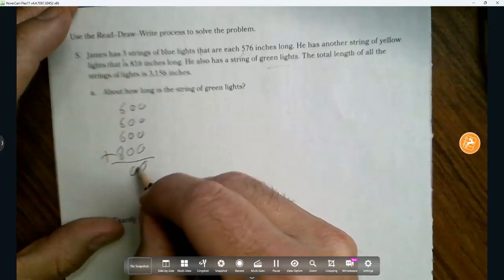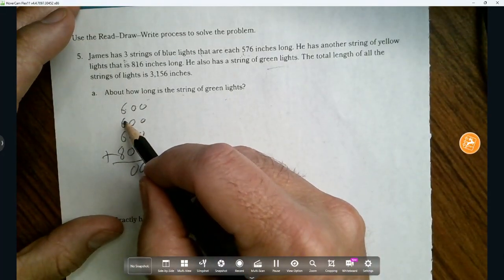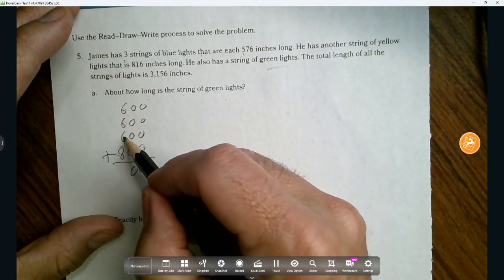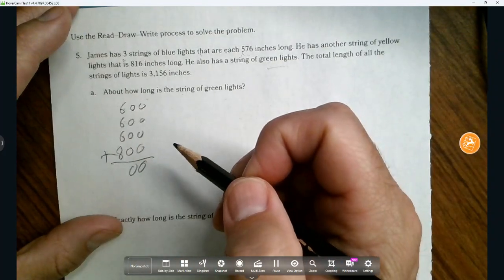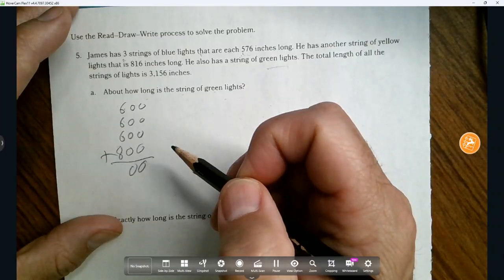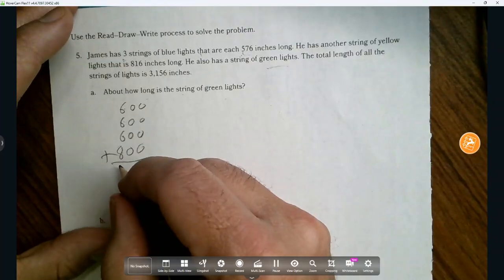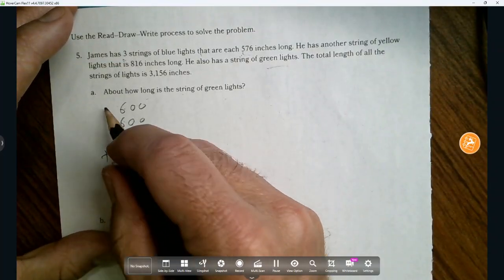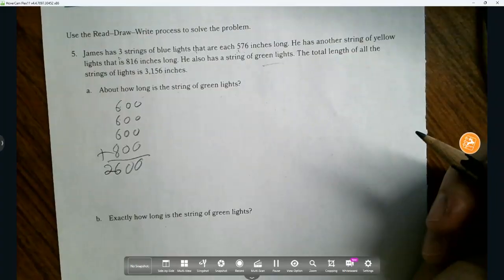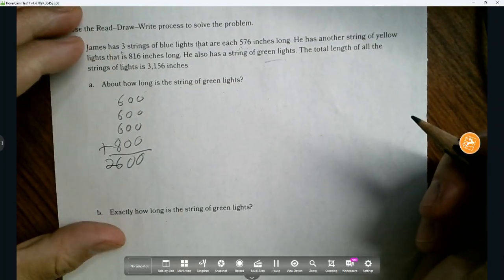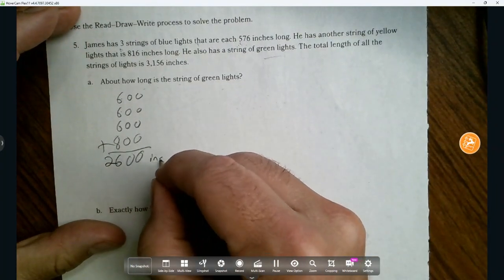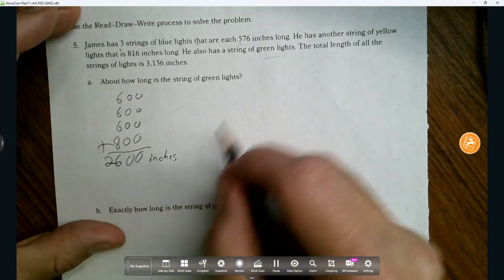So add 0, 0, 6 and 6 is 12, 12 and 6 is 18, 18 plus 8. What's 18 plus 8? 26. Good. So put that 6 here, and the 2 goes up here. So it's about 2,600 inches total for all of them.